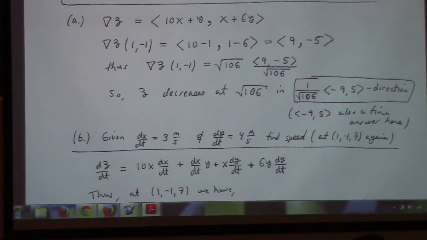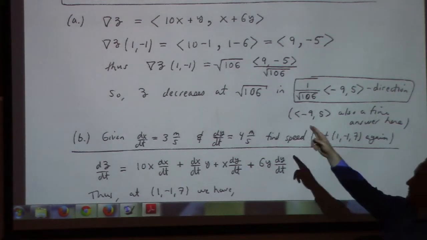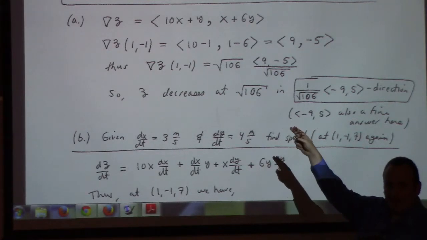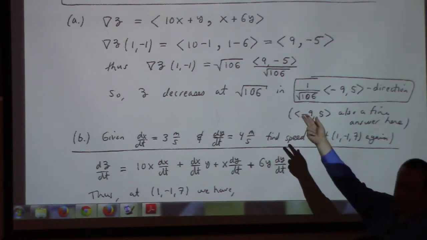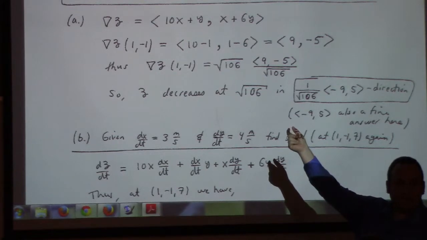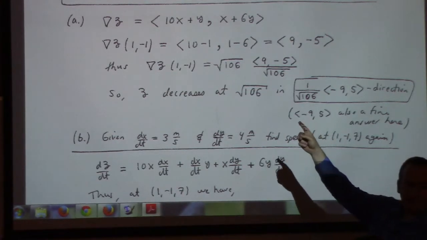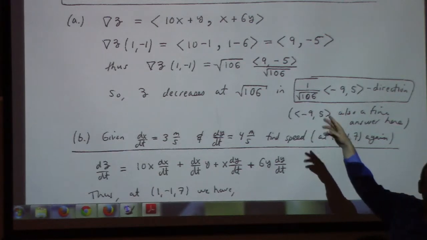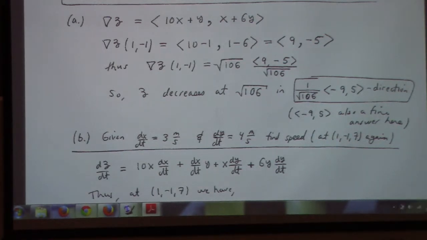So if x, y, and z are functions of time, differentiating that with respect to time gives me dz/dt is equal to 10x dx/dt. And then I have to do a product rule on the xy term, right? So I get dx/dt times y plus x times dy/dt, and then plus 6y dy/dt, just differentiating implicitly. Any questions? I mean, you see where this comes from?